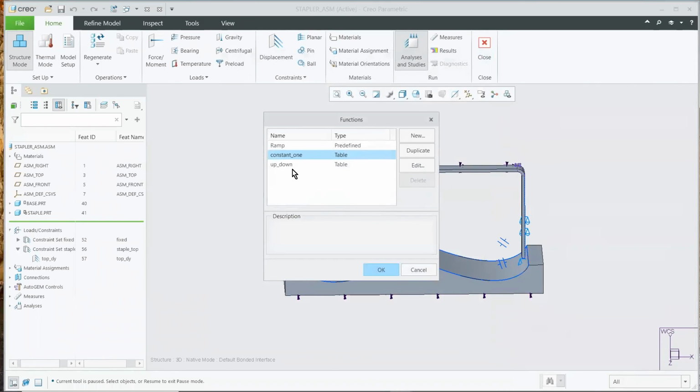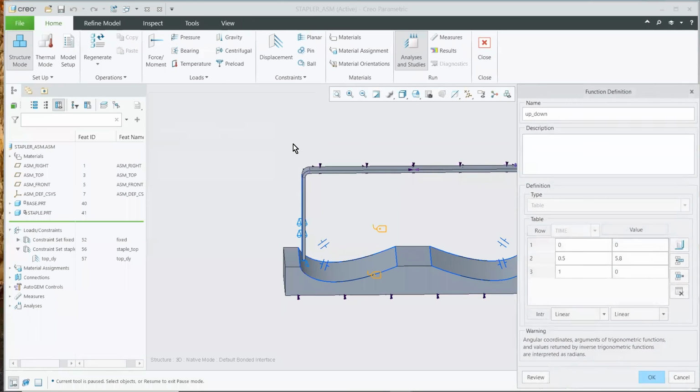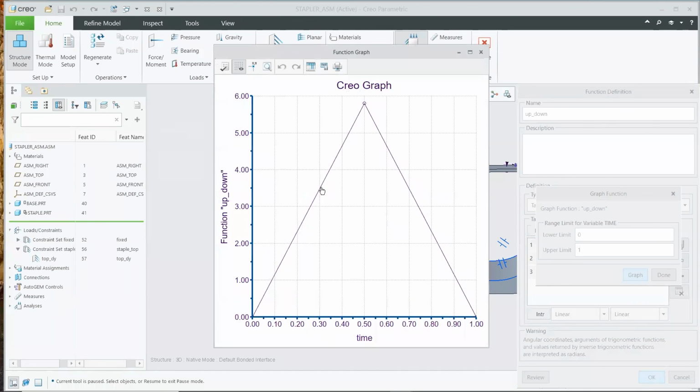Now the other function that we have is going to simulate this. We're going to push him down, he's going to bend, and then I'm going to pull him back up so we can look at him. So this is going to be a different type. And again, we're using a table for this, but I could say, let's take a look at this. This is our up down. And again, we can review this. Let's make a graph. So again, remember the vector was a negative value.